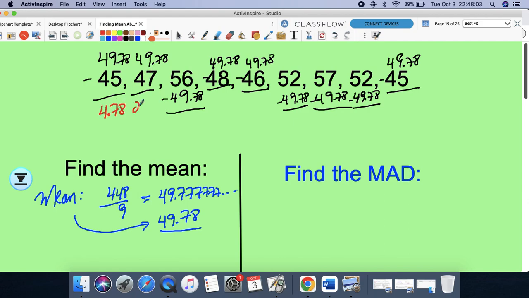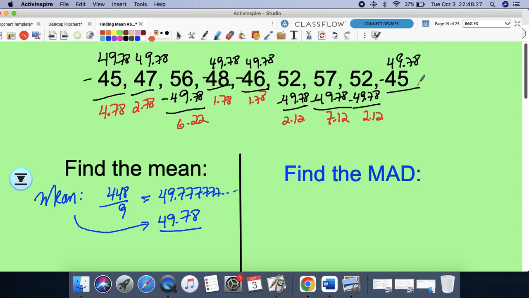This would be 2.78. This would be 6.22. This would be 1.78. This is going to be 2.12. This is going to be 7.12. This is going to be 2.12.